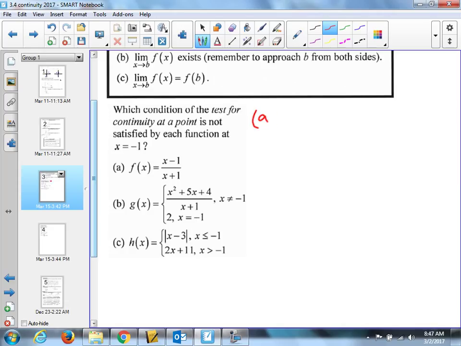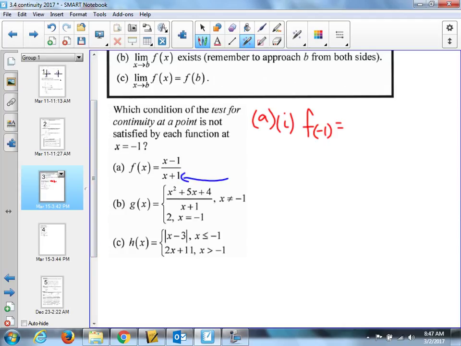So question A, the first thing we test, I'll use a small Roman numeral, 1. Does this exist at -1? Can you put -1 into this function? No. Because if you tried, we're talking about this function, it's rubbish, right? No answer, undefined. I'll put undefined, it's a better word.